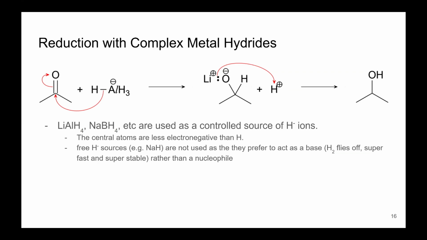Because of the highly ionic nature, H minus has the bond pair with it, and it is too reactive. It would act as a base rather than a nucleophile, because it will just grab an H plus ion from somewhere, maybe from the ketone or from another source, and that would cause it to be destroyed because hydrogen gas would just fly off.